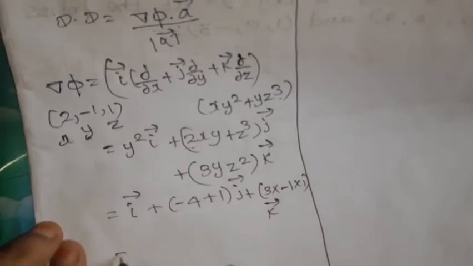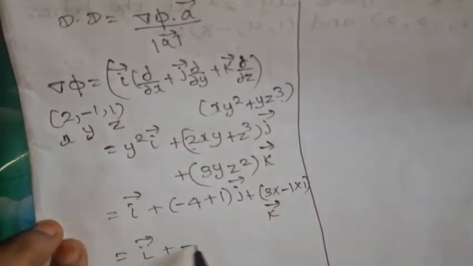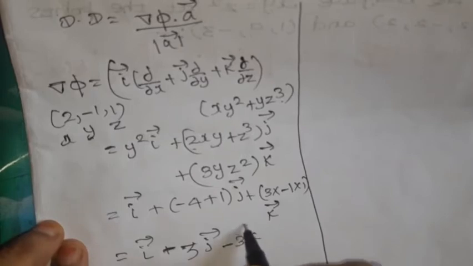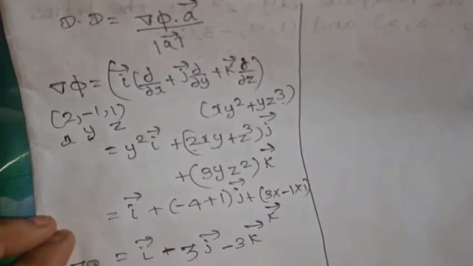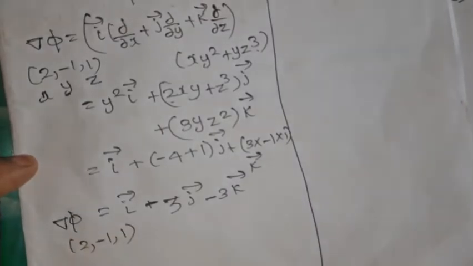So minus 4 plus 1 is minus 3 in I vector, minus 3j vector, minus 3k vector. So this is del phi at this point 2, minus 1, 1.